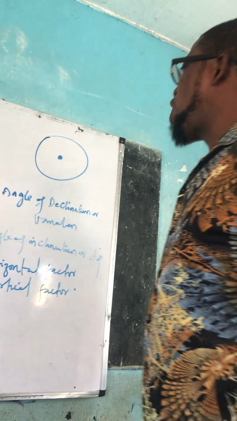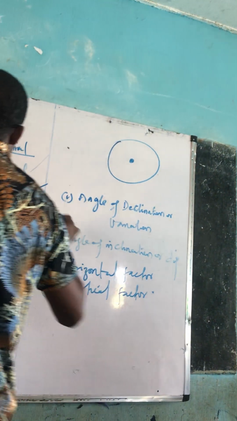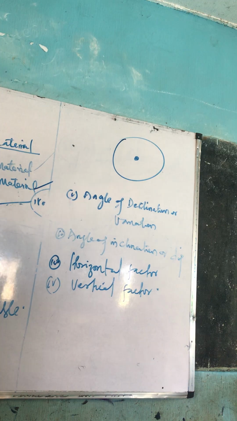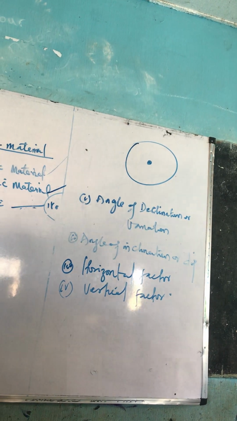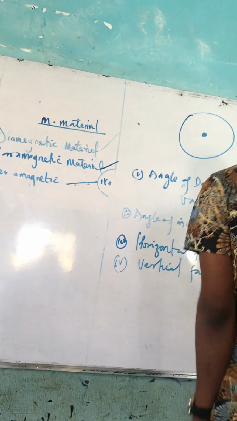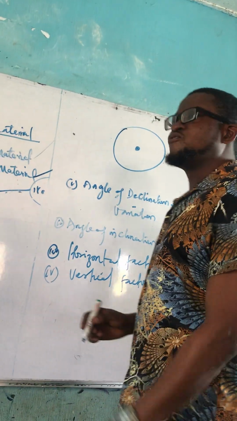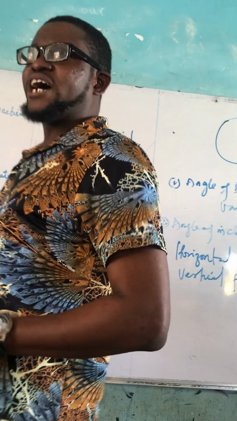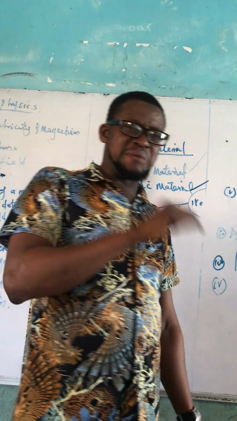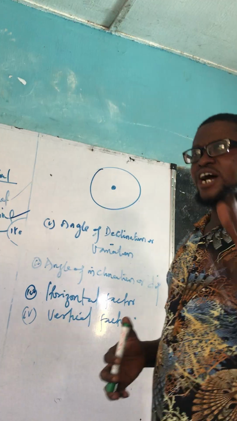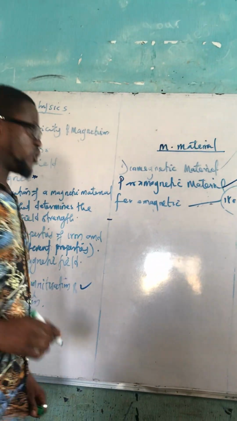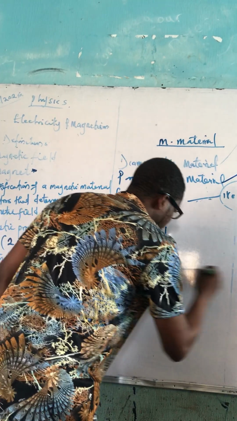The first one is called angle of declination or variation. By definition, the angle of declination or variation is the angle formed between the geographical north and the magnetic north. What do I mean? Let me draw the four cardinal points.